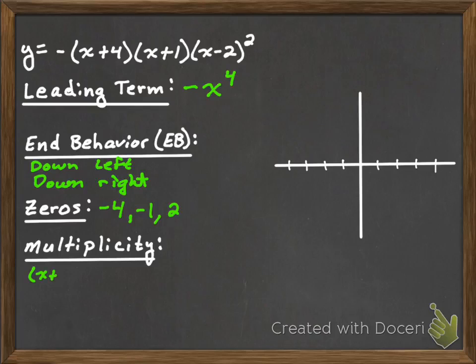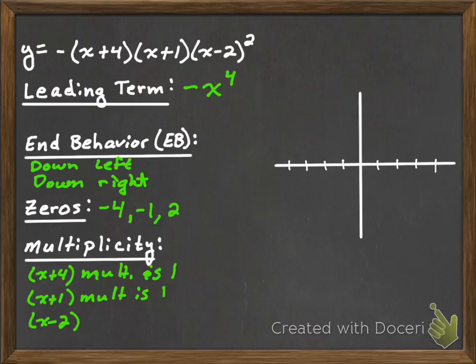We have x plus 4, we have x plus 1, and we have x minus 2. Now, the x plus 4 has a multiplicity of 1 because the exponent is an understood 1 right here. X plus 1 also has a multiplicity of 1 because the exponent is a 1 right here. And then the x minus 2 has a multiplicity of 2.